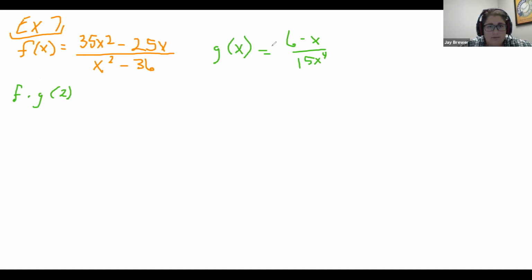Okay, so let's take the first step of figuring out f of x. Can we go through and factor anything out for f of x? Can that be broken down at all?